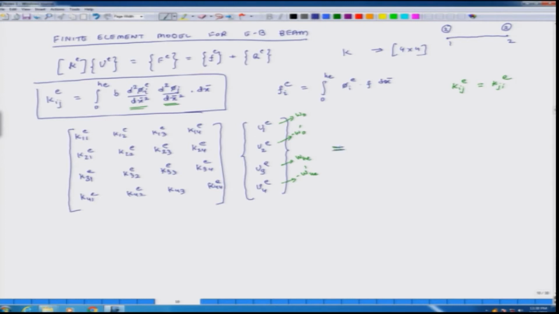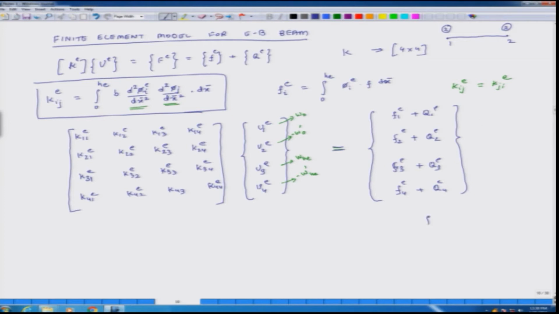So, this equals a force vector F1 plus Q1, F2 plus Q2, F3 plus Q3, F4 plus Q4, and there is a superscript E on all of these because this is for the eth element.